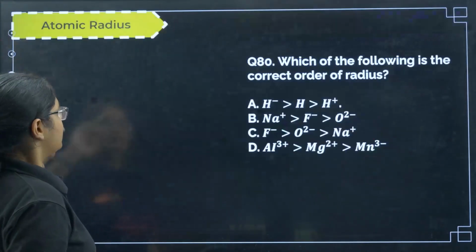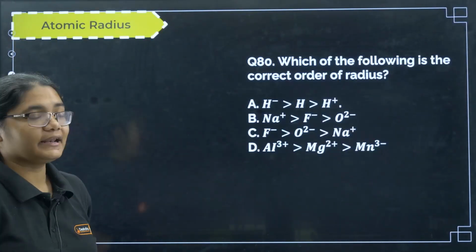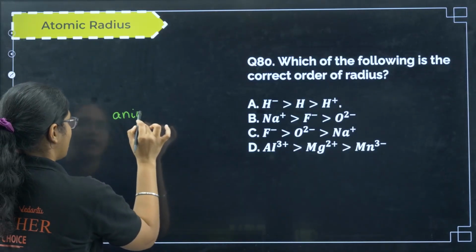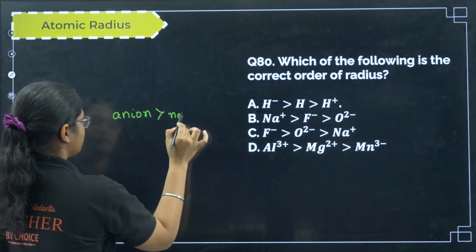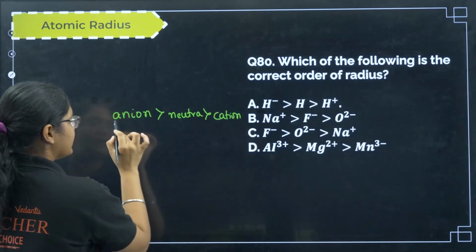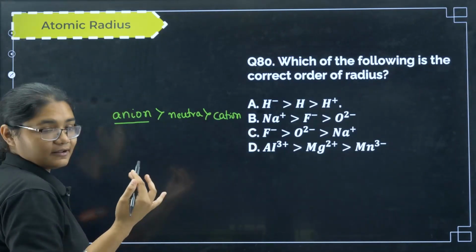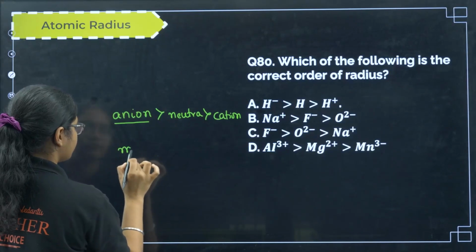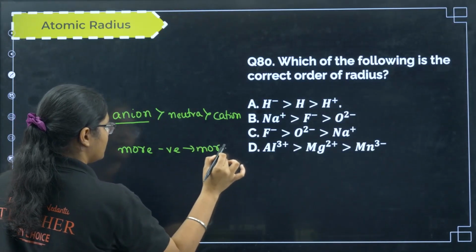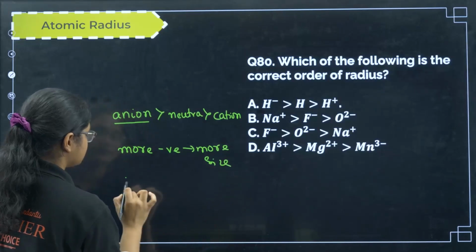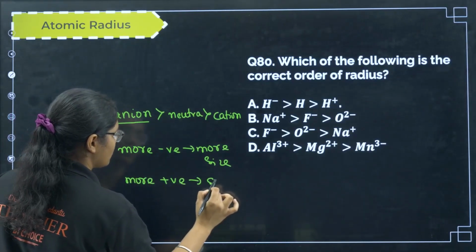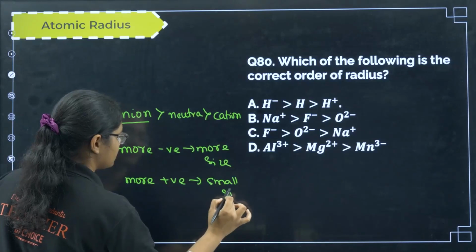Okay. Next, which of the following is the correct order of radius? This you should always remember, anions will have more radius, then neutral atoms, and then cations. In anions, the more negative charge, the more size, and in cations it is reverse, more positive charge, smaller size.